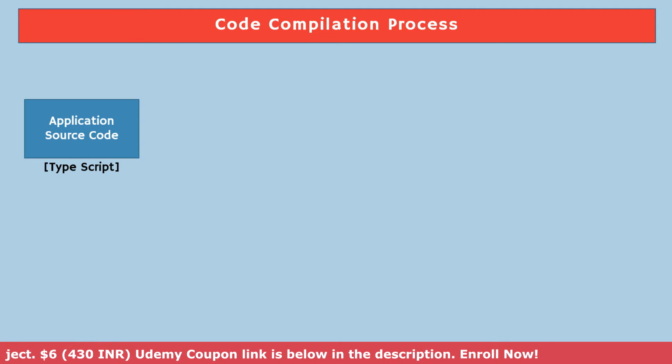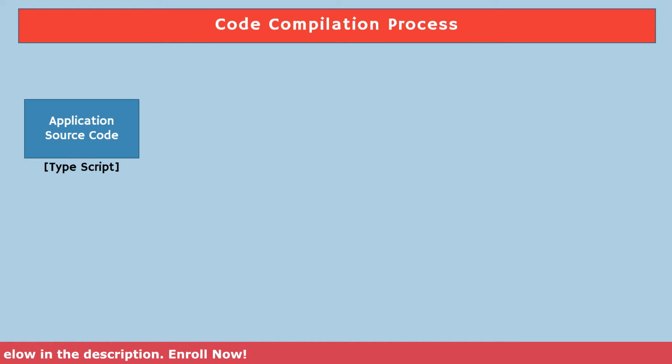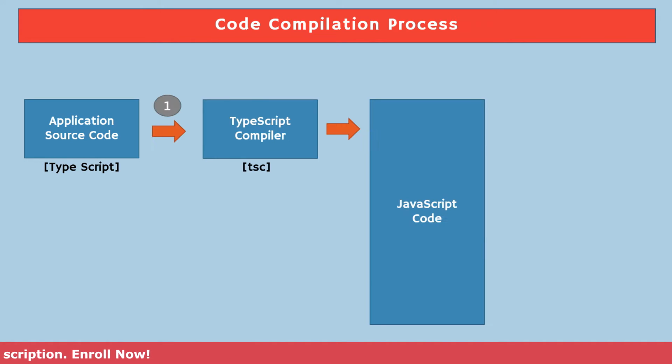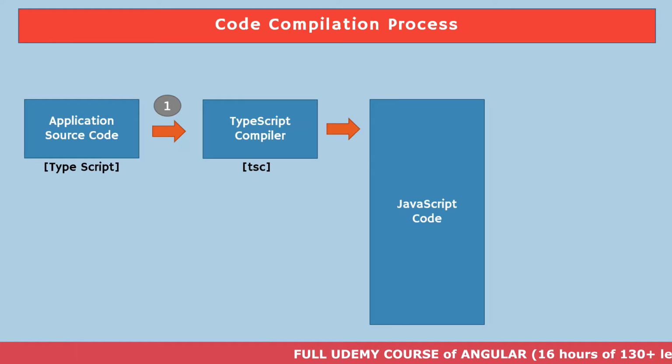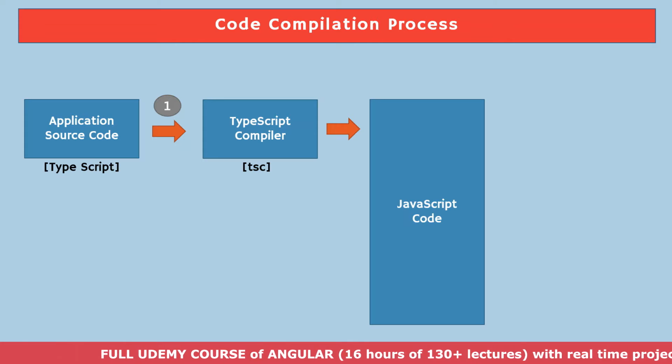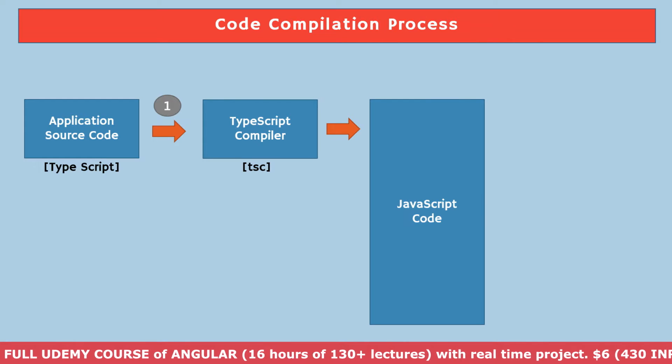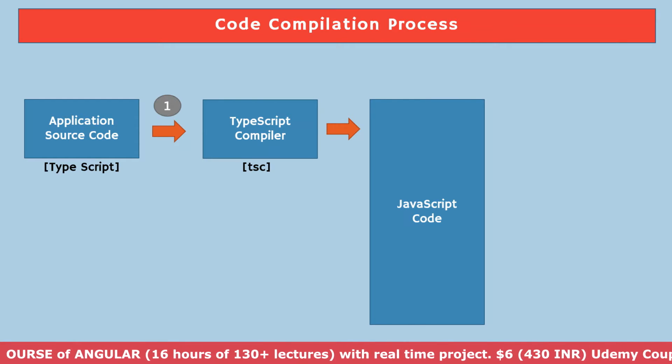The code written in TypeScript is well structured and maintainable even in large scale applications. But the problem is, the TypeScript code cannot be executed directly by the browser, because the browsers are designed to understand JavaScript only. To overcome this problem, TypeScript code must be compiled, that means converted into JavaScript code, by using a compiler called TSC, which stands for TypeScript Compiler.